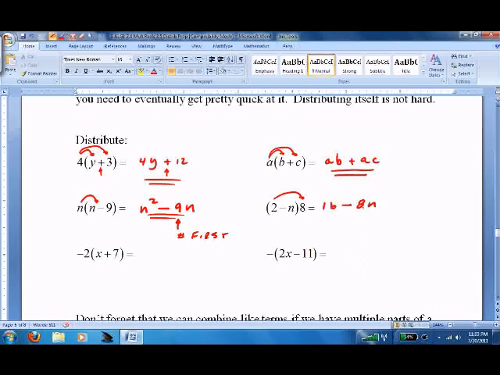Here we always put the number first, but we also always want to put the whole term that's got a variable in it first, we'll talk about this in a little bit. So we'll just rewrite it, negative 8n plus 16. More on that later if that seems confusing. Don't get hung up on it. You'll get so good at that you won't even think about it.